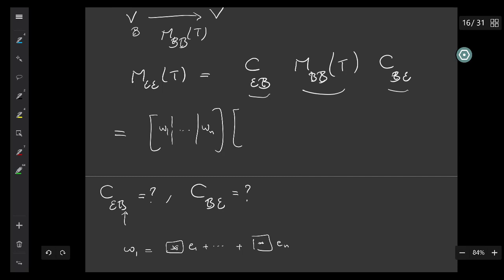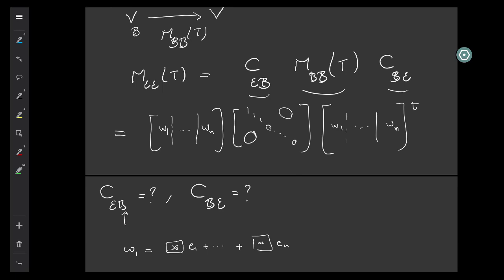We know this matrix, which is 1, 1, 1 till k and 0, all 0 here, and W1 through Wn transpose. Okay, but that's not what we wanted to prove. We wanted to further simplify, and we can easily, so this is a little exercise to check that this is actually QT.